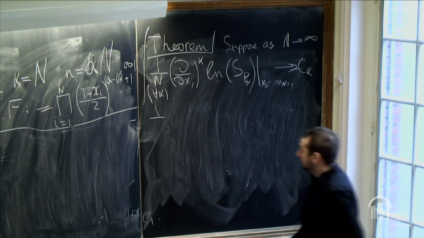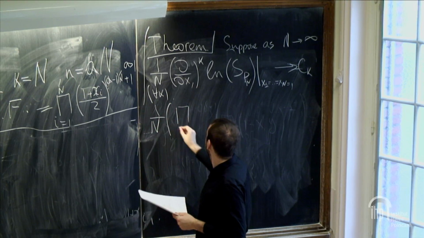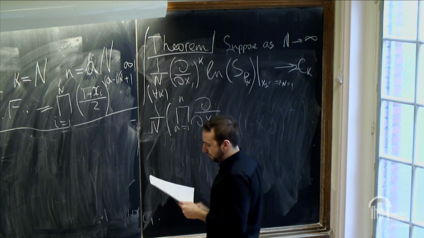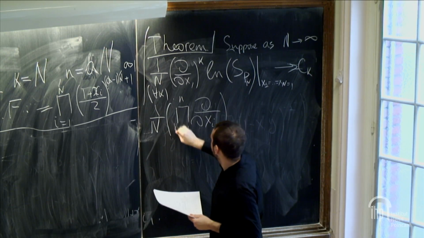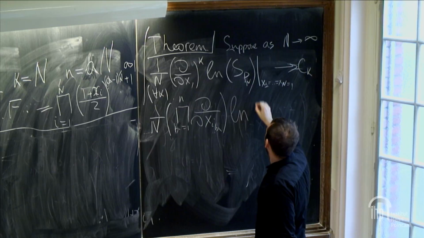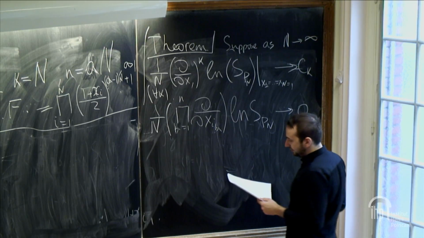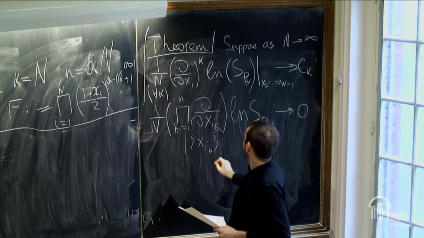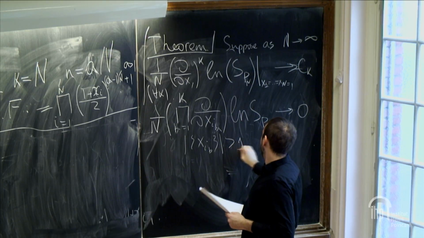And in addition, we will assume that 1 over n times the product over i equals 1 to k of d/dx_{b_i}, again of the same logarithm of the Schur generating function, converges to 0 as long as this set of indices b, let's have k here, is larger than 1.